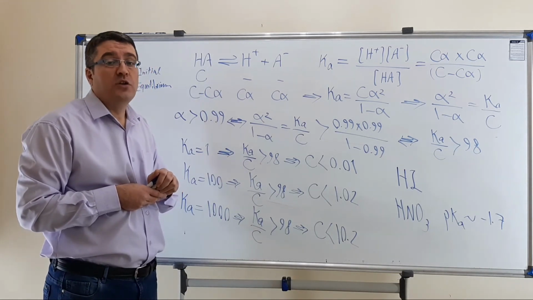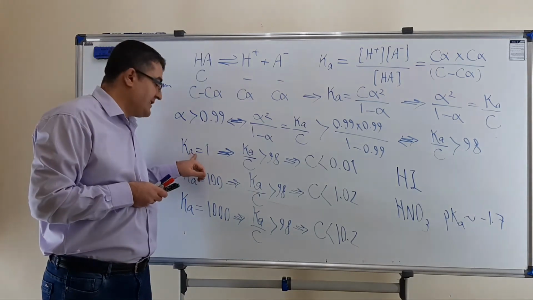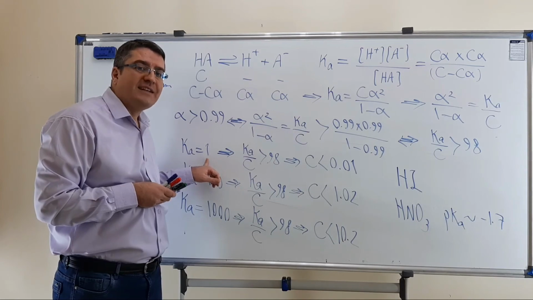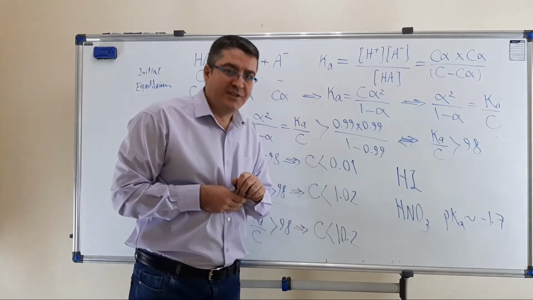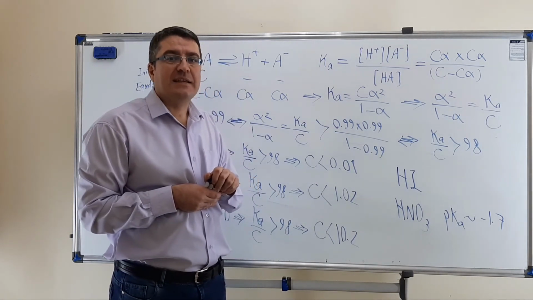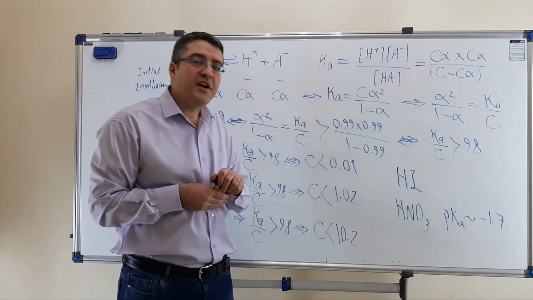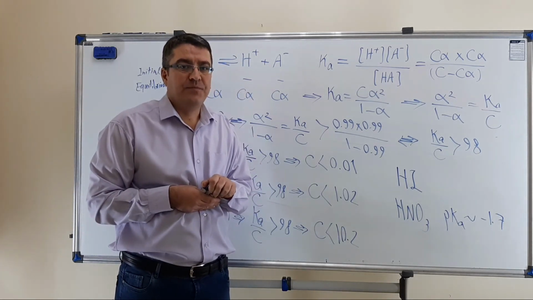However, if we want to be exact, we should consider that for acids which are a little stronger than the conjugate acid of the solvent, only at low concentrations does the acid behave as a strong acid, with a complete dissociation reaction. And at higher concentrations, it will behave as a weak acid.